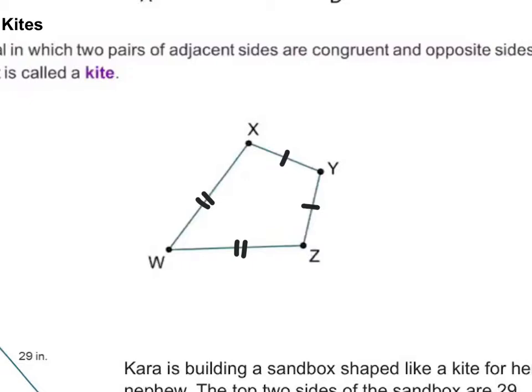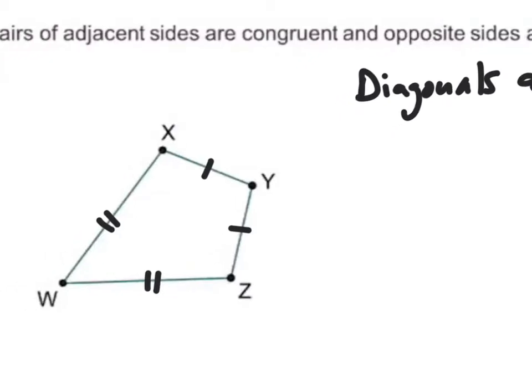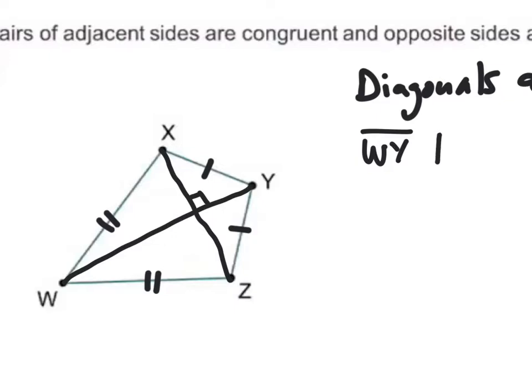I also know that my diagonals are perpendicular. So I could connect WY and then connect XZ, and we form a right angle here. So I would say that WY is perpendicular to XZ.